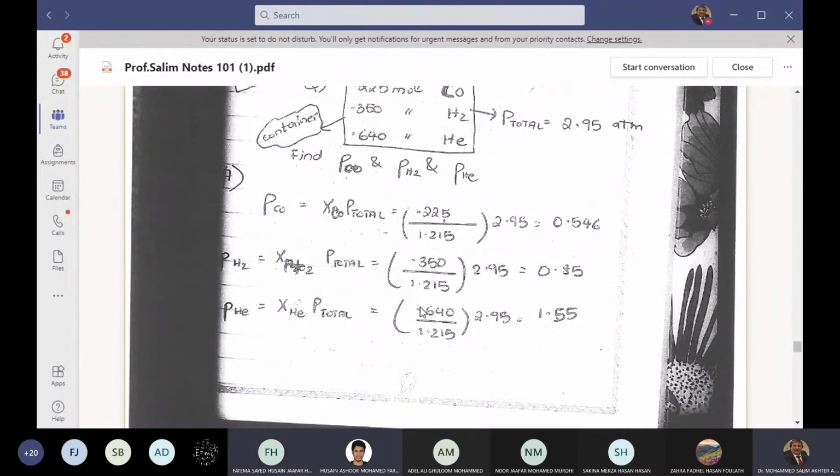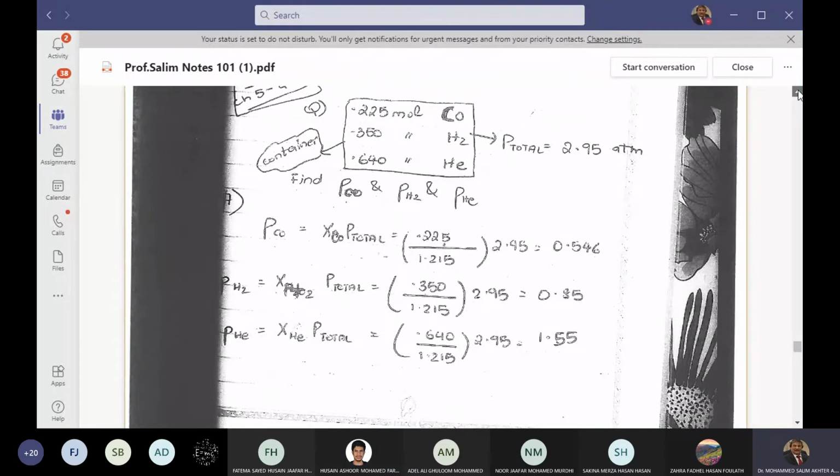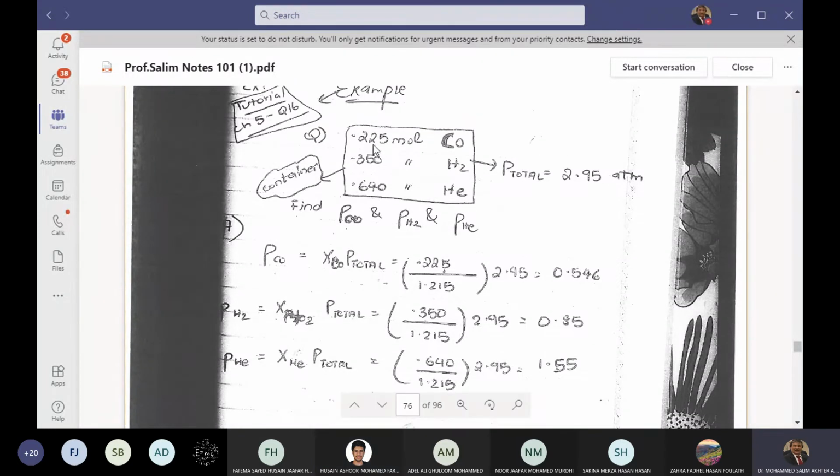I think I know what the mistake he made. Where is the mistake? The sum of moles. It is 1.315. Okay, so the number of moles is wrong. Add 0.225 plus this. Is this the number, 1.215? I will check. Yes, correct. If this is correct, 0.225 plus 0.350.